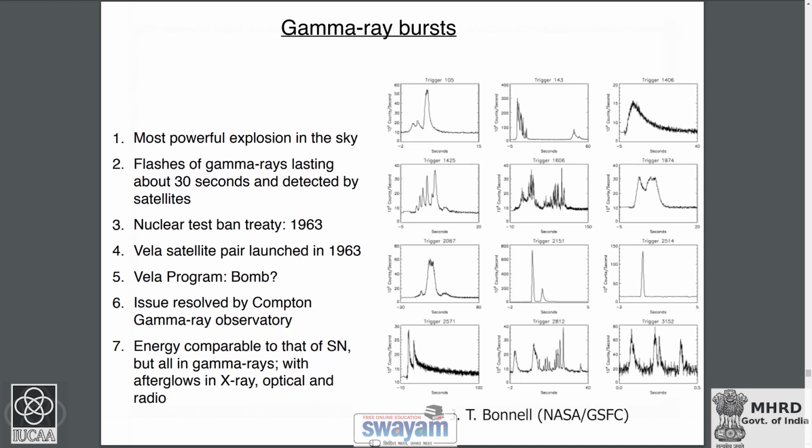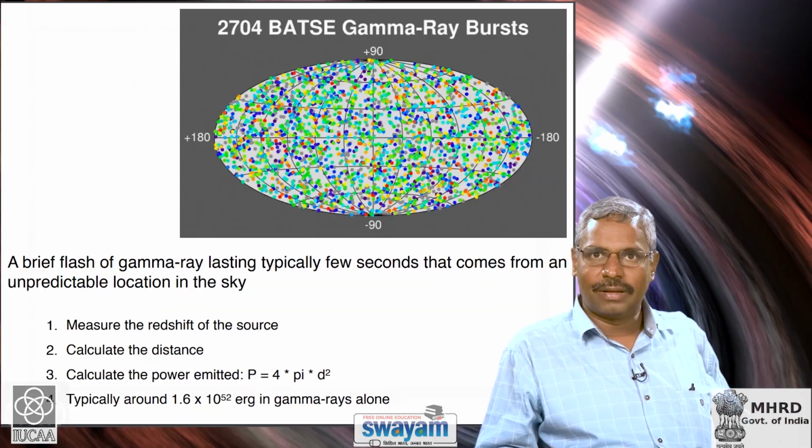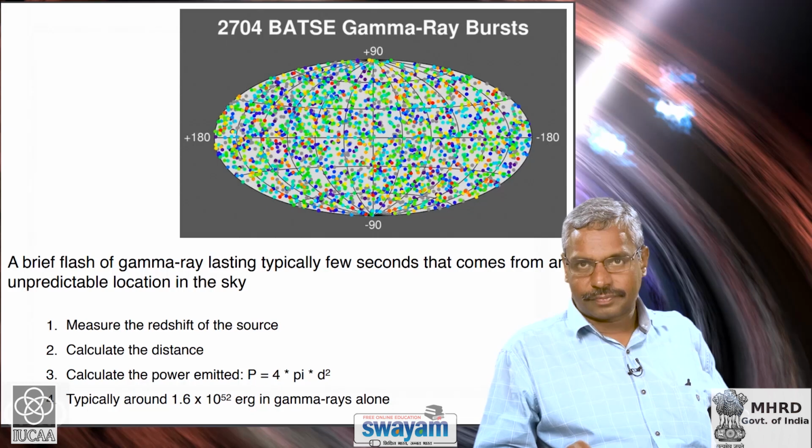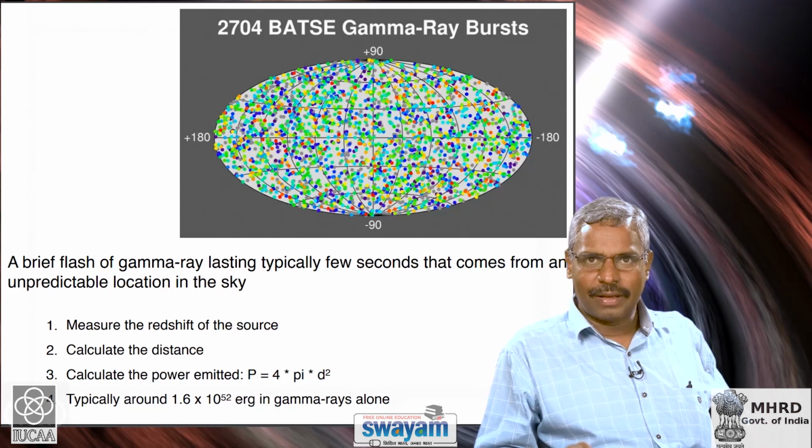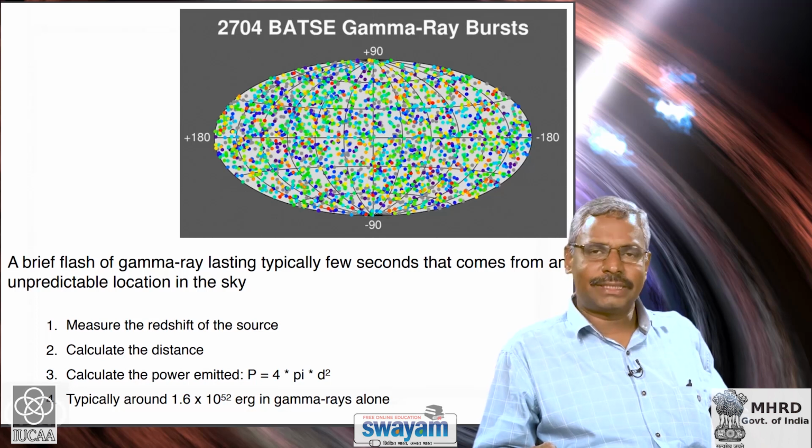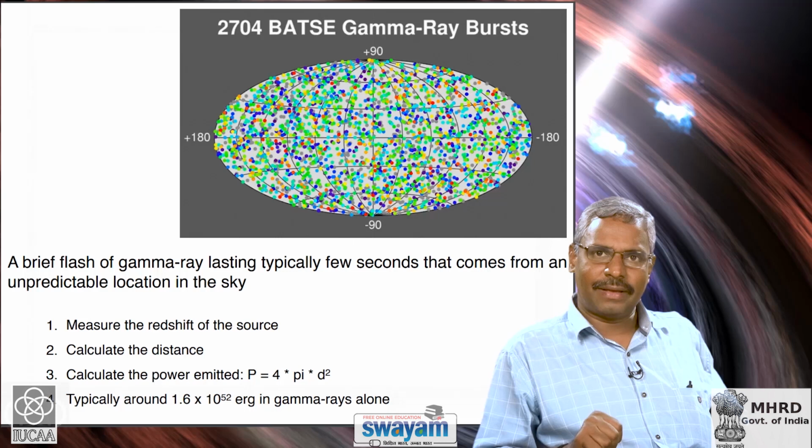However, this kind of radiation was confirmed by subsequent missions, and these results later got published, and this is how the distribution of gamma ray bursts looks. As I told you, these gamma ray bursts are a brief flash of gamma rays lasting typically a few seconds, and they come from unpredictable regions of the sky.